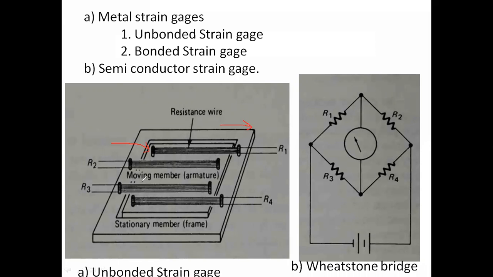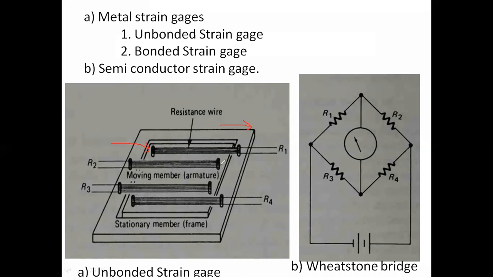When the movable member or armature moves in one direction, suppose consider the movable member is moved to the right side, then these R2 and R3 resistance wires will be stretched, because this is fixed at the stationary member.